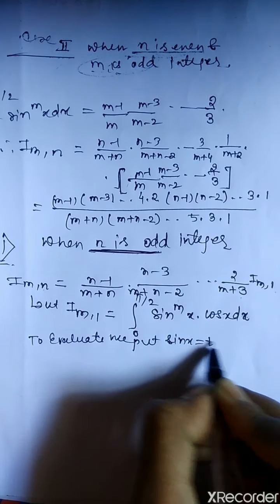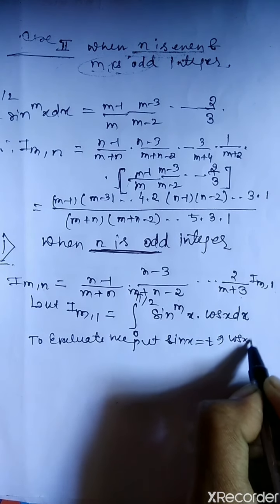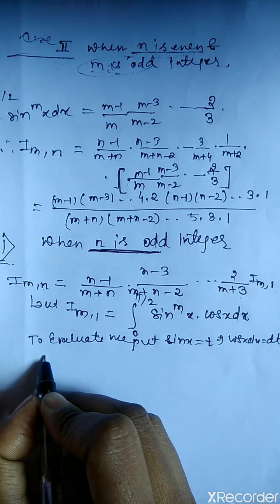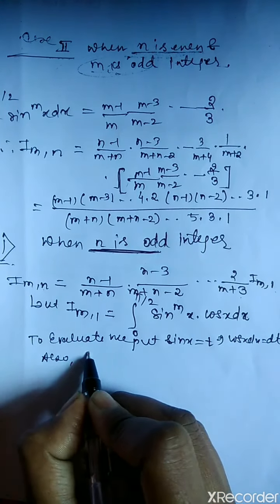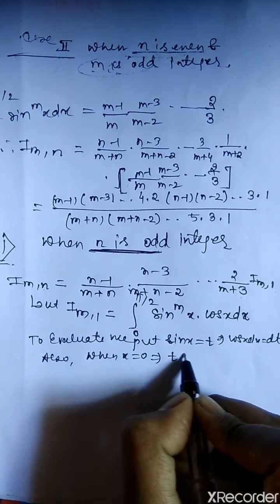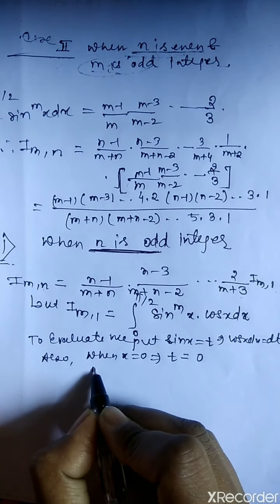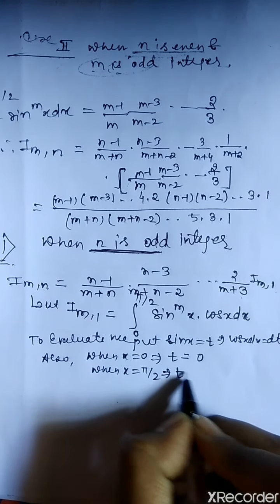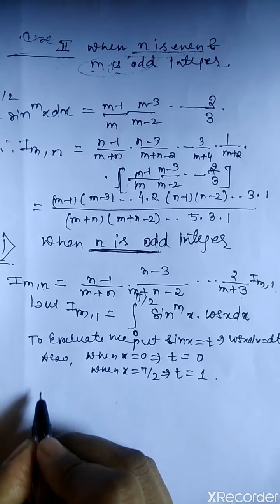Sin x as t, and this implies cos x dx as dt. Also, when x equals 0, this implies t is also 0, and when x is pi by 2, this implies t is 1.